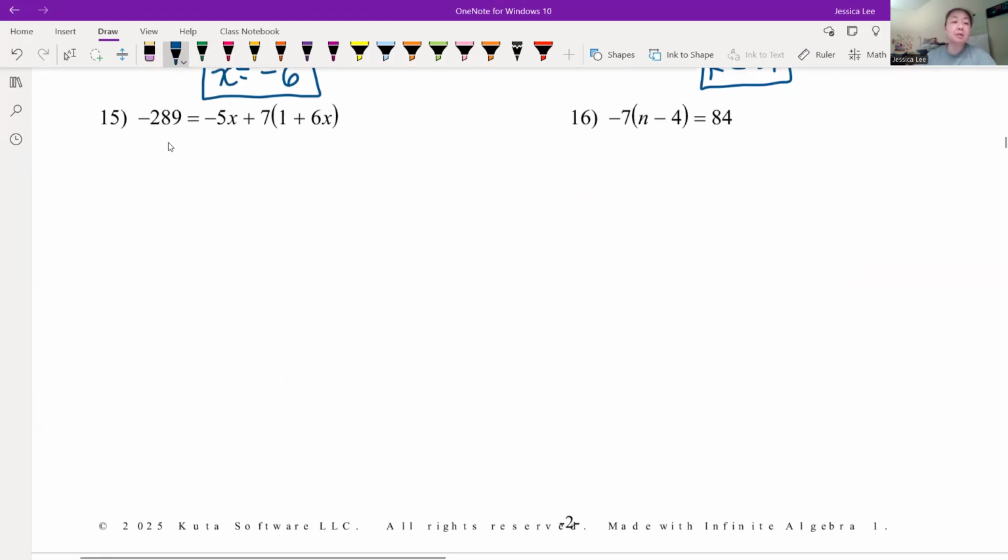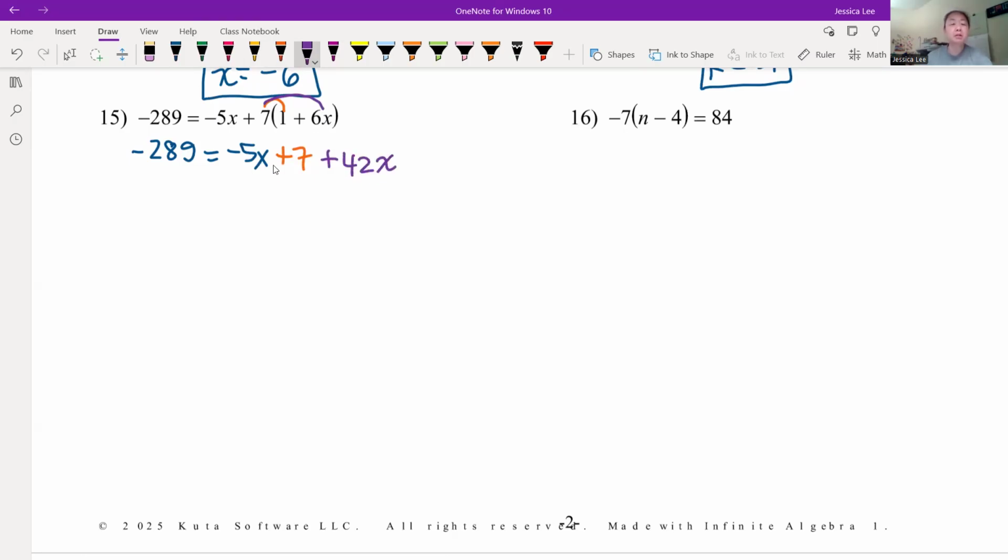Moving on. Negative 15, just 15. I see parentheses here, so I'm going to copy down the stuff I don't need to work on yet, is equal to negative 5x. That has nothing to do with these parentheses. So I have 7 times 1, which is plus 7, and 7 times 6, which is plus 42x.